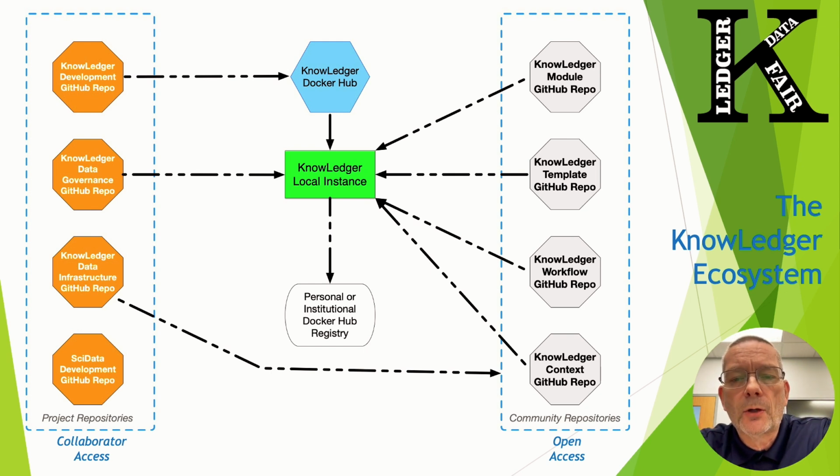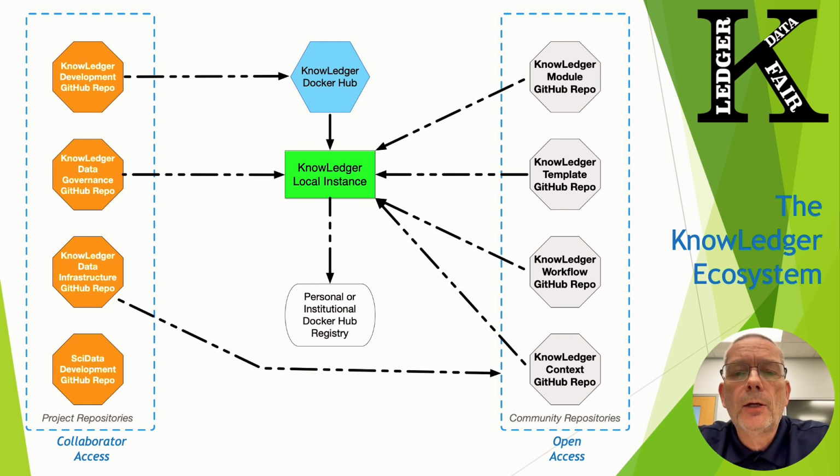So for instance, the top octagon on the right-hand side, which I've labeled KnowLedger module GitHub repository. The idea there is in order to be able to have different interface elements in the KnowLedger software, we probably need to have them as modules that can be added or removed as the researcher needs. And so that repository is going to be focused specifically on development of what are the criteria for generically representing a module, what are the metadata that are necessary to define a module for a particular function or activity.